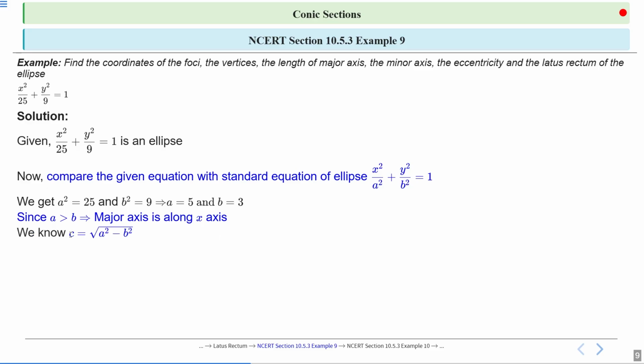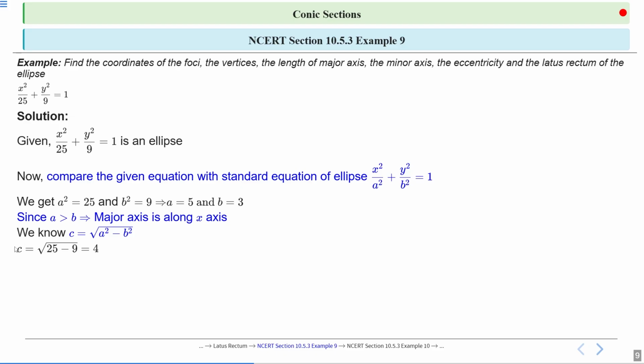And we know this relation: c equal to square root of a square minus b square. So now we use this relation and we find the value of c. Just put here the value of a square is 25 and the value of b square is 9 in this relation, and then you will get c equal to square root of 25 minus 9, which is square root of 16, and this is equal to 4.